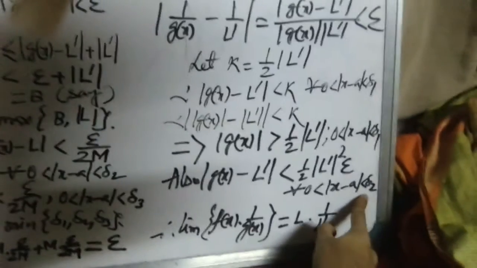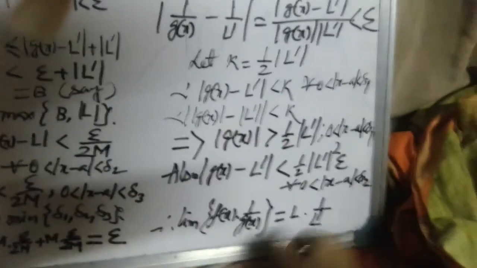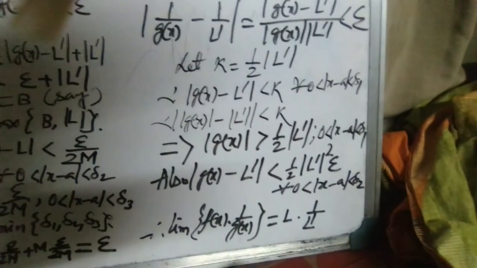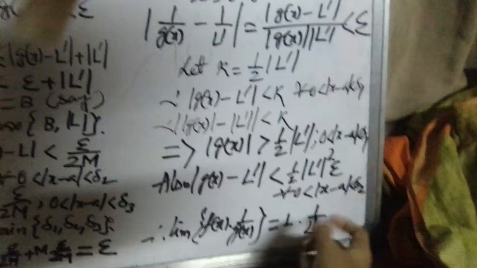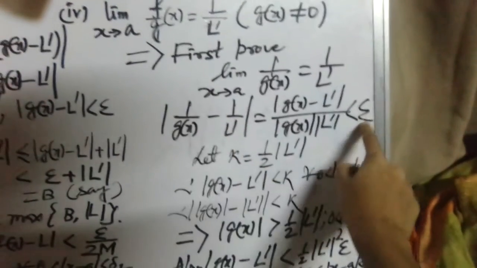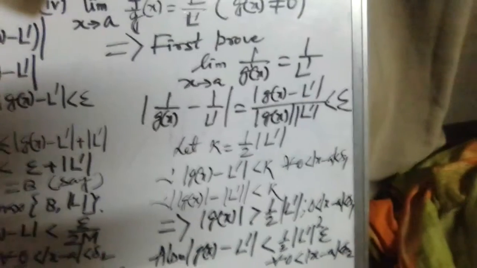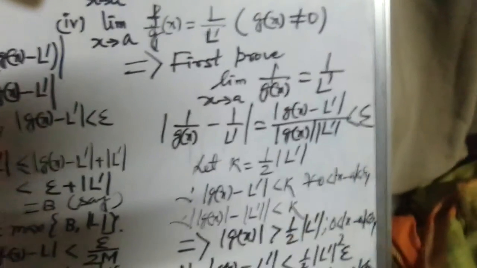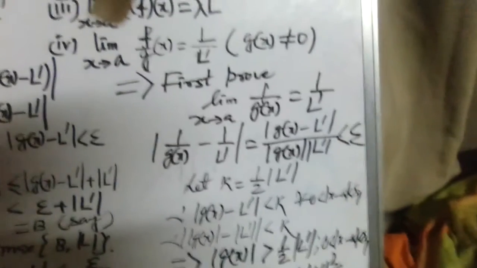So this is the new one, this is the previous one. Taking the minimum of delta 1 and delta 2, we find that this difference is less than epsilon for such delta. Then this result is proved, that the limit as x tends to a of 1 by g(x) equals 1 by L prime.